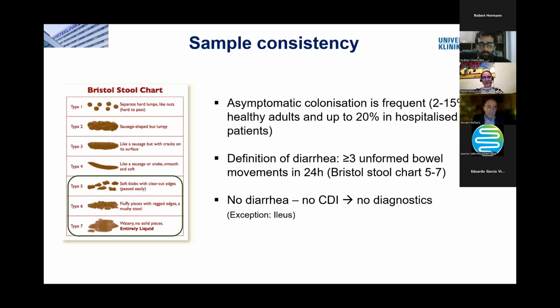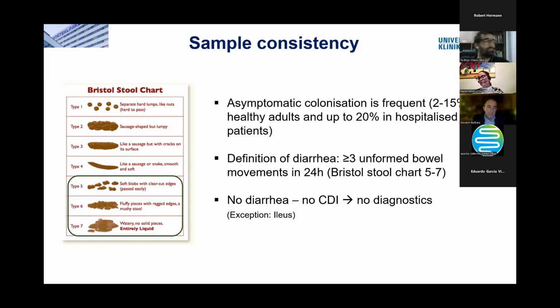And if you want to be very specific, you can use the Bristol stool chart, and types 5 to 7, as I marked on the left side, are defined as diarrhea. And it's important to send in only unformed bowel movements to the laboratory because we have a rather high rate of asymptomatic colonization, especially in patients who have chronic diseases or are frequently hospitalized.